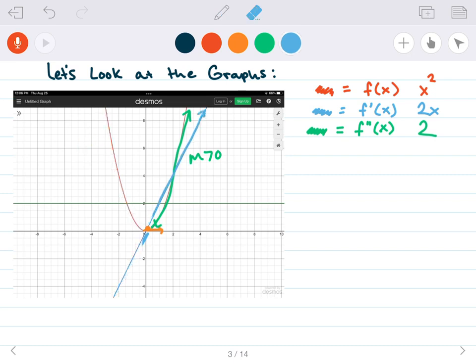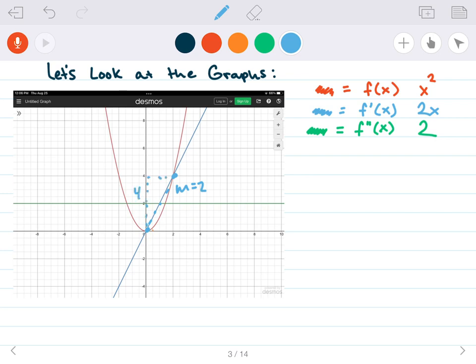So the first derivative is 2x, and we can see that it's a straight line from the picture. So we can figure out what the slope is of this line, and we can see that it's just 2, right? The slope is 2, rise over run.